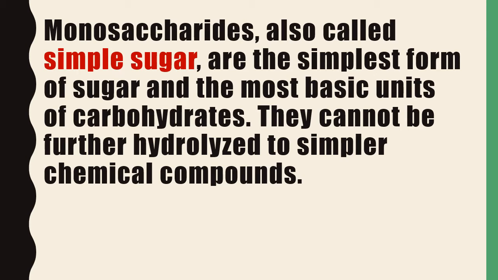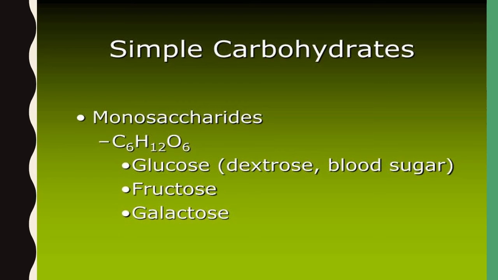Now they are called simple sugar. It's the simplest form of sugar. Mono meaning one sugar, the simplest form of sugar, cannot be broken down to anything simpler. So mono means one, saccharide sugar, one sugar. So we have the simple carbohydrates, which are the monosaccharides, and that's their chemical composition.